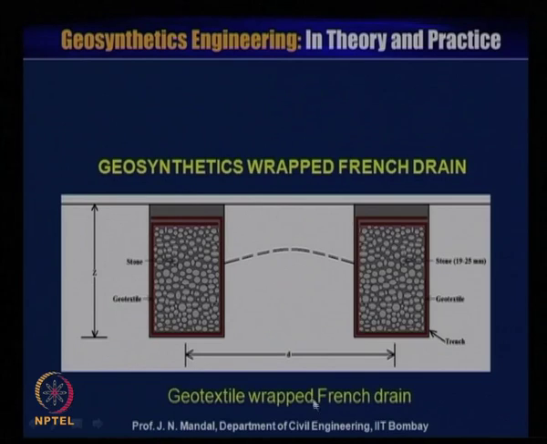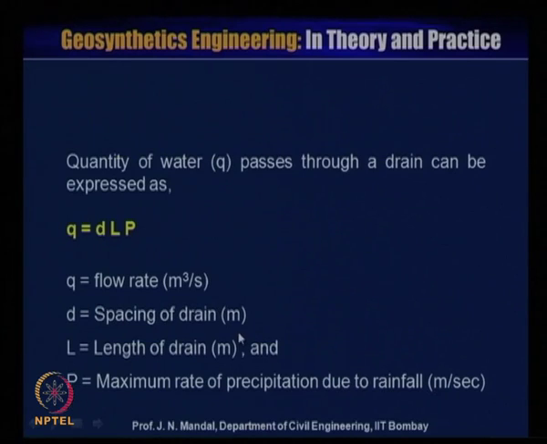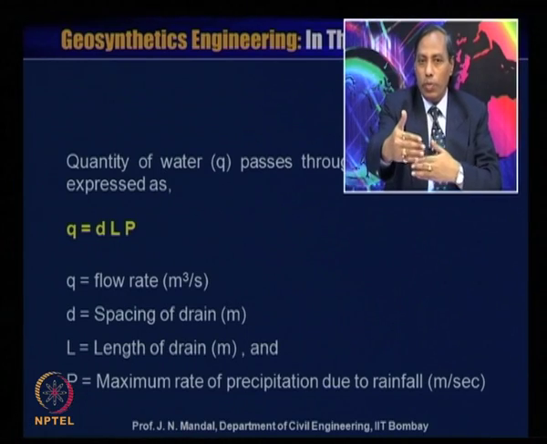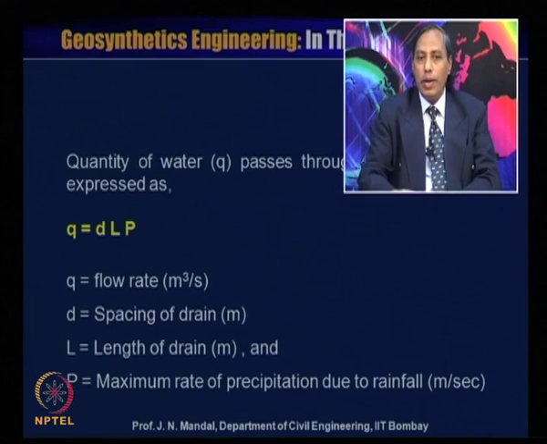As I showed you, this is the D, the spacing of the drain, this is one drain, this is another drain. So, the spacing between the two drains is D. And L is equal to the length of the drainage, and P is equal to the maximum rate of precipitation due to rainfall in meter per second.